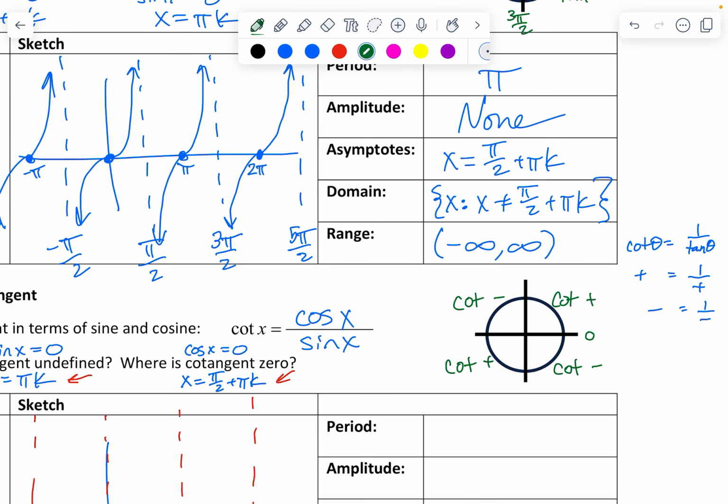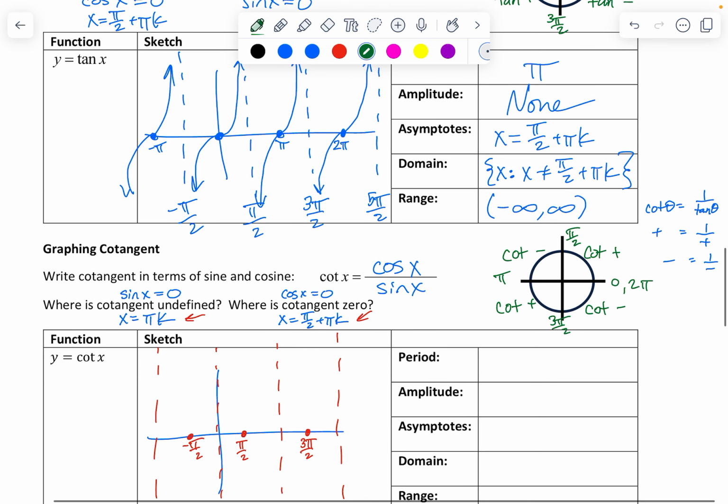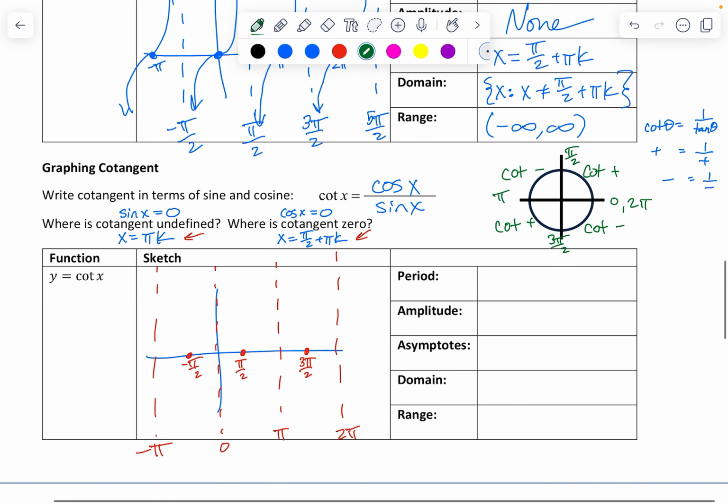Okay, and so this was from 0, pi over 2, pi, 3 pi over 2, back to 2 pi, et cetera. From 0 to pi over 2, we need positive values. So notice that's in this interval right there. We have to be positive, so we're going to be coming down instead of going up.